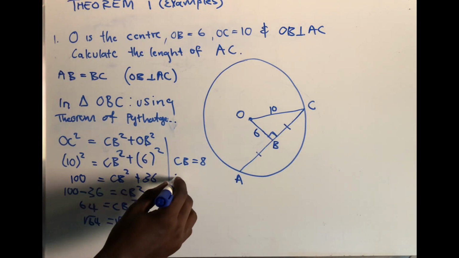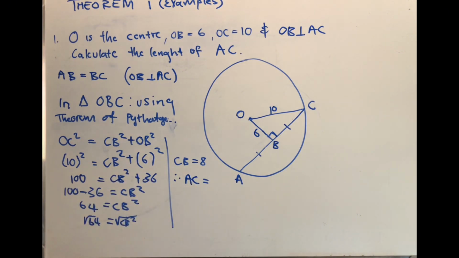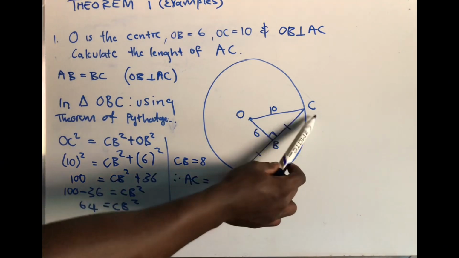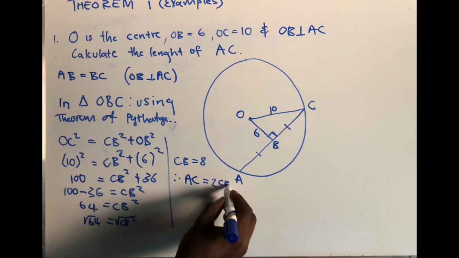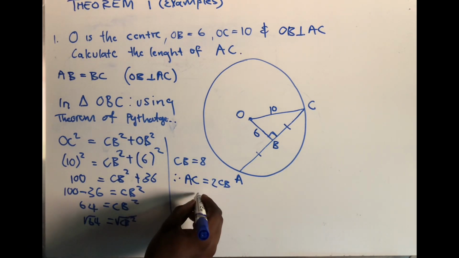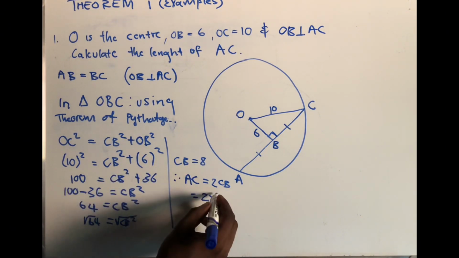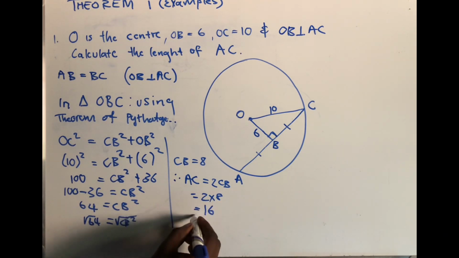Therefore, AC is equal to 2 times AB, because AB is equal to BC. That means it is 2 times CB. And what's the value of CB? 2 times 8, and we get 16.